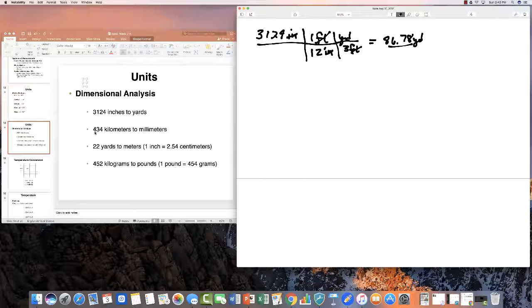Next, we have 434 kilometers to convert into millimeters. So there are 434 kilometers, and 1 kilometer is 1,000 meters, and 1 meter is 1,000 millimeters. So we're going to essentially multiply this number by 1,000,000, or 1,000 times 1,000.